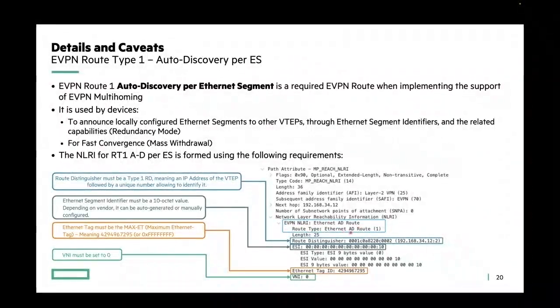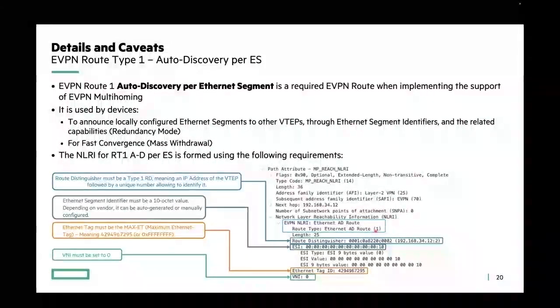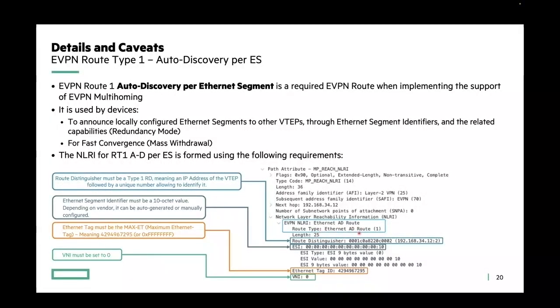First, obviously, we have route type 1, the new NLRI, Ethernet AD. We have the route distinguisher, and this route distinguisher, depending on the vendor, can be manually set at the Ethernet segment level or auto-generated.